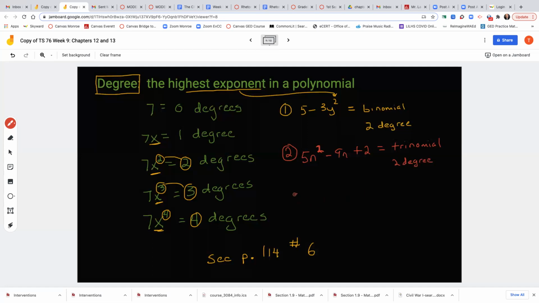Let's do number 3 here. Change color and go, what about right there? What if you had that? First of all, is that a monomial, binomial, or trinomial? How many terms does it have? It has one term, so it's a monomial.